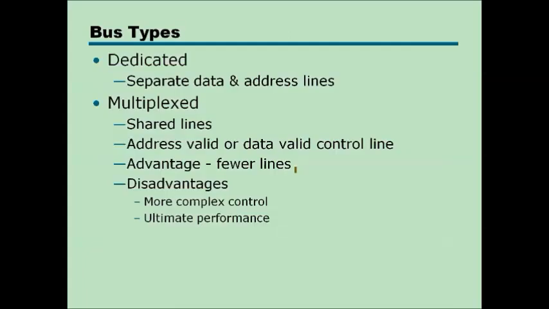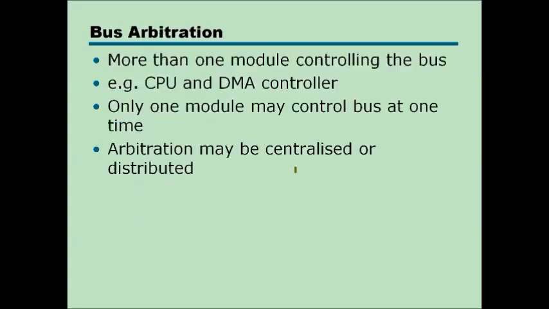As for bus types, we have dedicated, with separate data and address lines, and multiplexed, with shared lines and an address valid or data valid control line. The advantage is fewer lines; the disadvantage is more complex control and reduced performance.